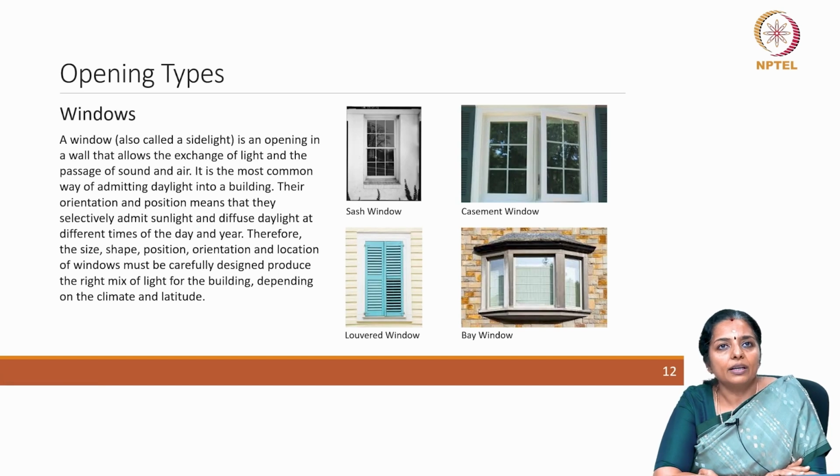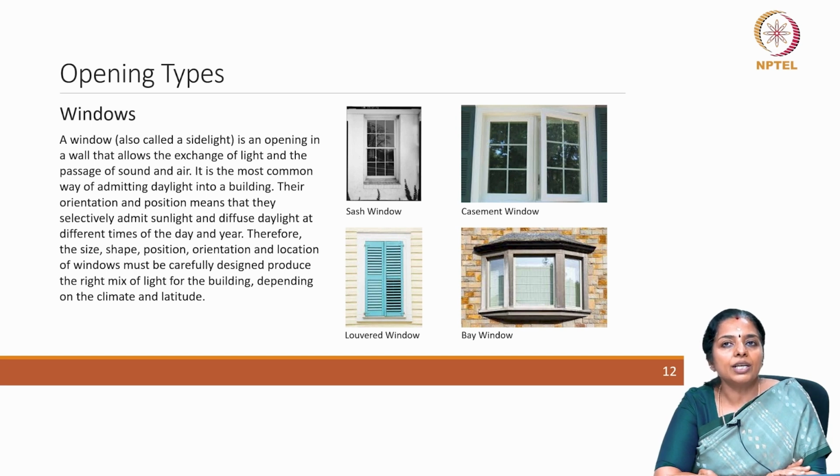Let us briefly look at the types of windows. A window, which is also called a side light, is an opening in a wall that allows the exchange of light and the passage of sound and air. It is the most common way of admitting daylight into a building.